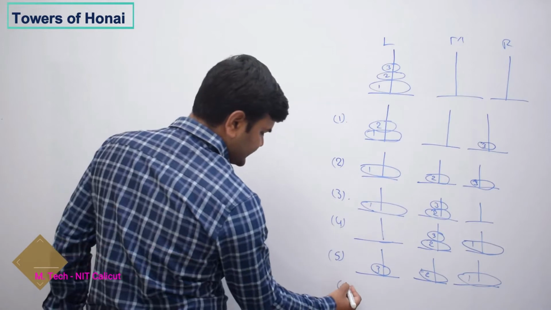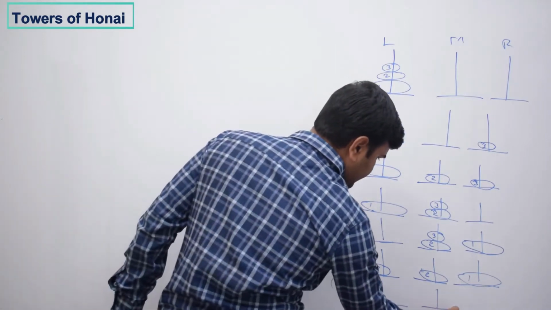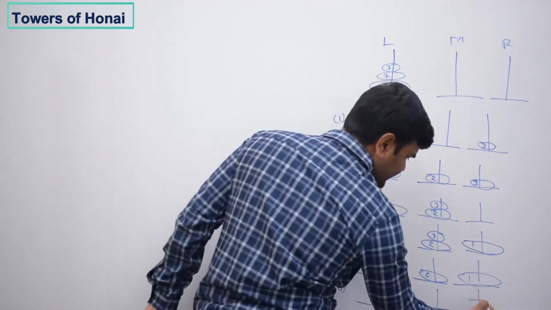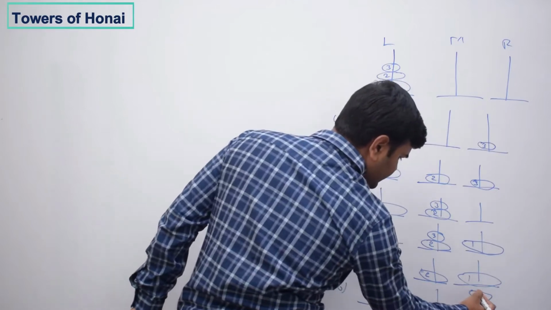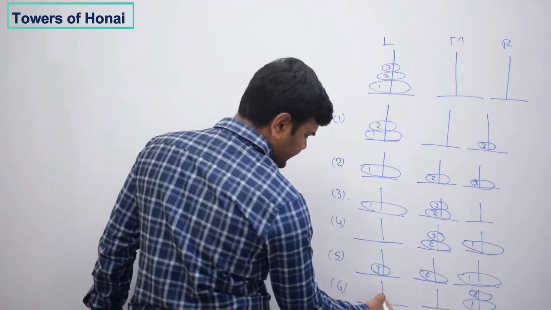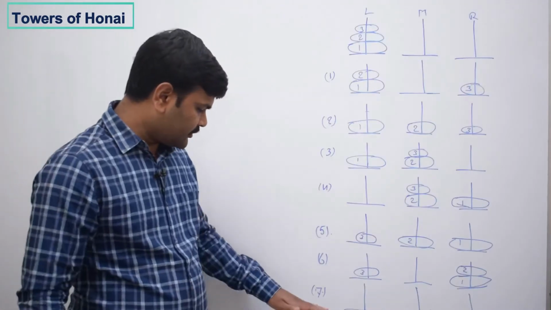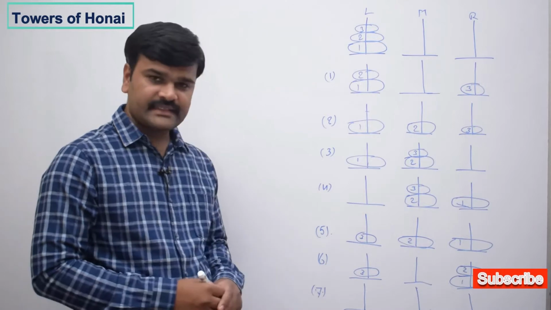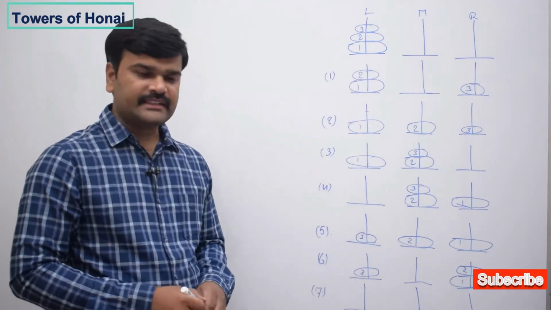Now at the sixth step, we are placing the second disc on the right tower, and the third one exists here. In the last step, the seventh movement, we are shifting the third disc to the right tower.